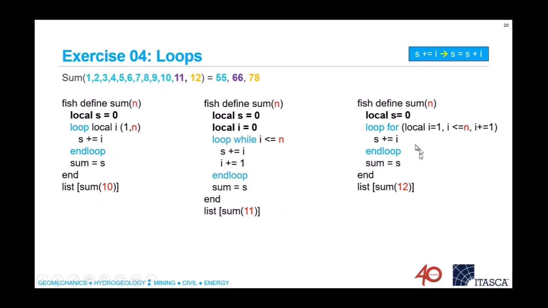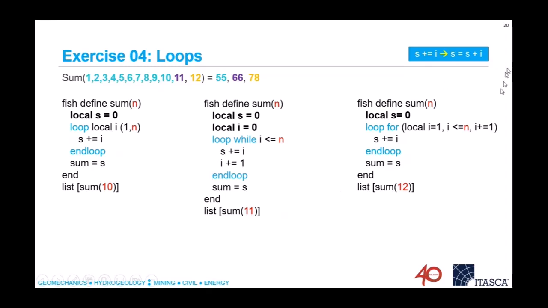And then this is kind of a combination. This loop for lets us start at some value. It doesn't have to be 1, it doesn't have to be 0, it could be 1,000. Put a condition in, do that until it's less than or equal to 12. And then the neat thing here is we can define the direction. So the first one basically says, I'm going to keep adding 1.